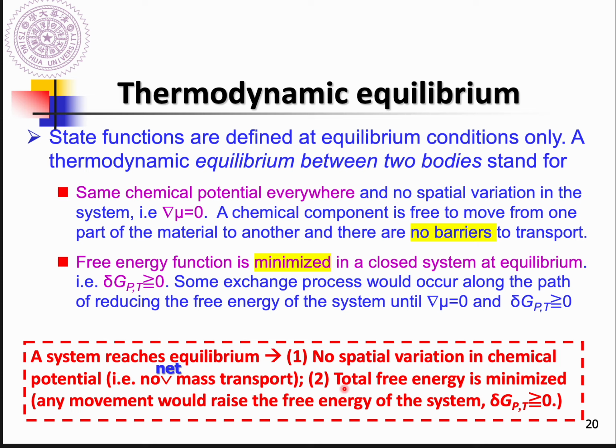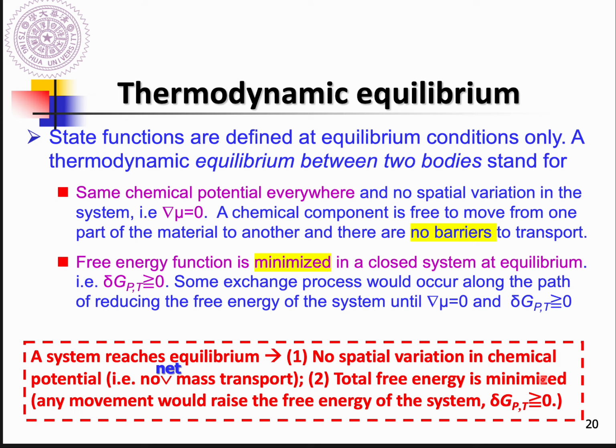And the second one is that the total free energy is minimized. So if you apply something on the system, any movement will raise the free energy of the system. So the total free energy at thermodynamic equilibrium is minimized for sure.